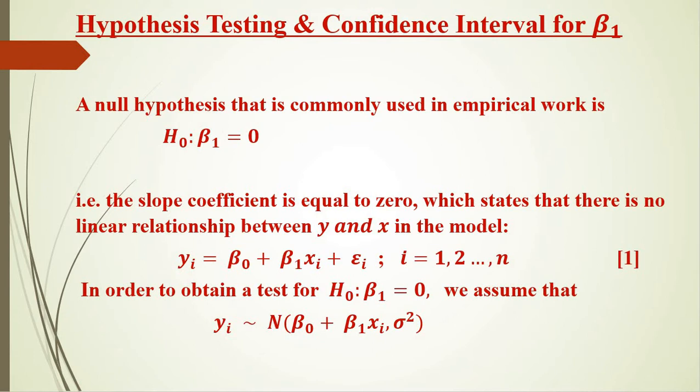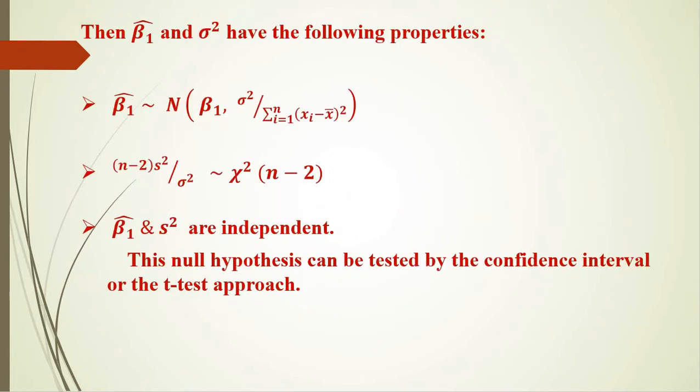So in order to obtain a test for beta 1 equal to 0, we assume that yi follows normal distribution with mean beta naught plus beta 1 xi and variance sigma square. Here this variance sigma square is constant and mean of y is beta naught plus beta 1 xi. Then beta 1 cap and sigma square have the following properties.